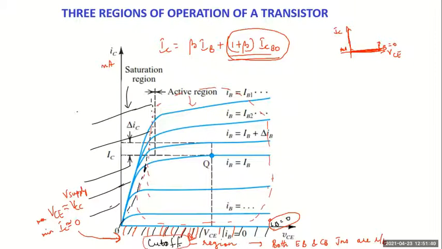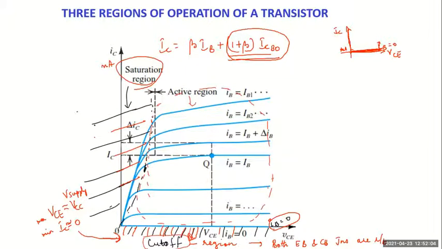Remember it like that. The second region is the saturation region. You see, we have joined all the points here where this curve is turning off. Before this curve turns off and becomes almost constant, the area to the left of this we call the saturation region.